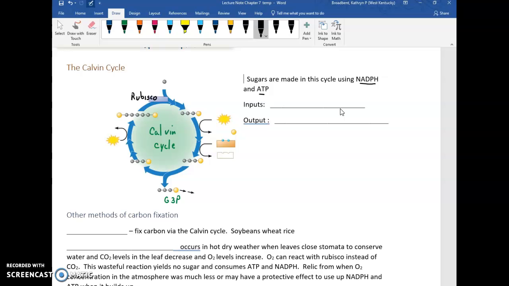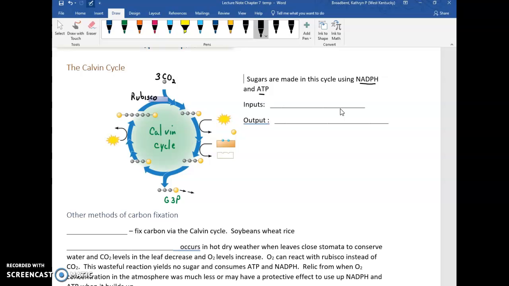In this cycle, however, we've got carbon dioxide as our input. So we have 3 CO2s that will come in. They will combine with this compound Rubisco. It's a 5-carbon sugar. We'll make 3-carbon sugars.